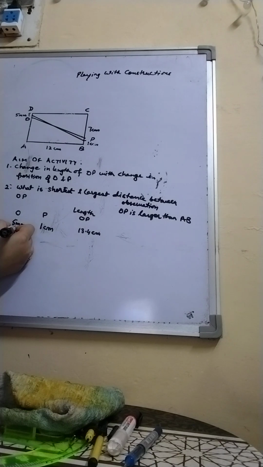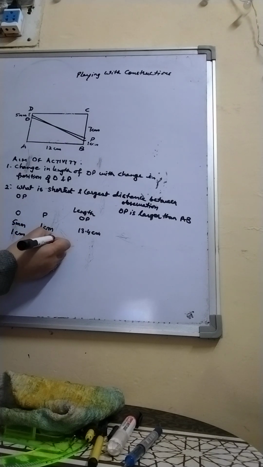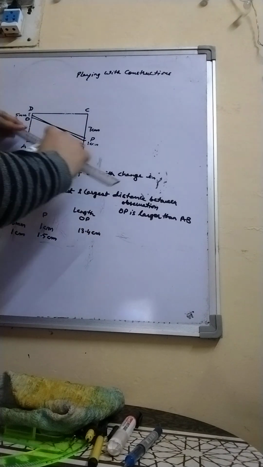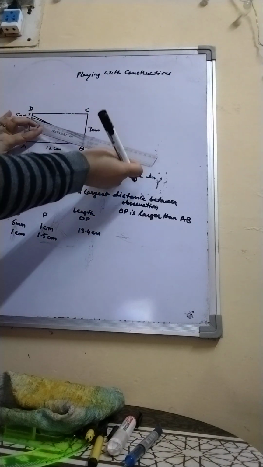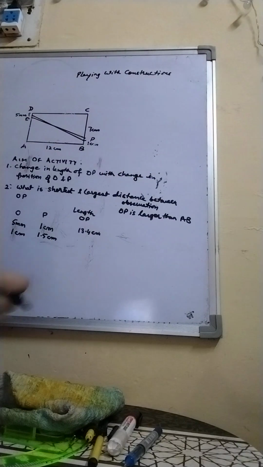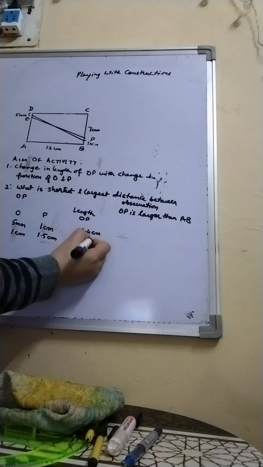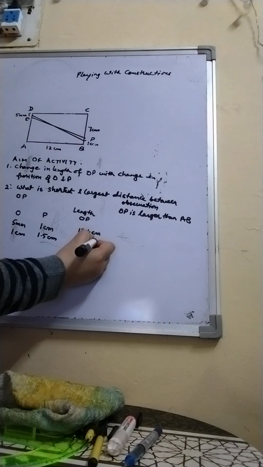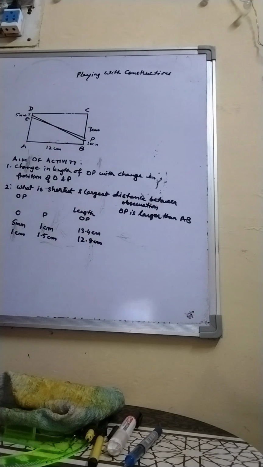So O is 1 centimeter away and P is 1.5 centimeter away. So let's measure the length of OP. So this is getting around 12.8 or 9, I can say. 12.8 suppose we write. Okay.